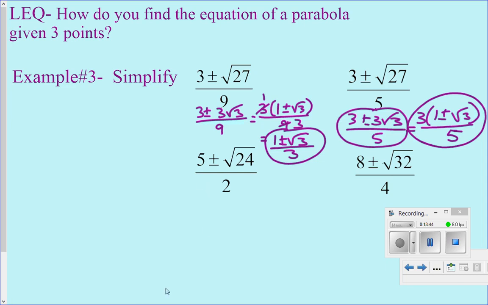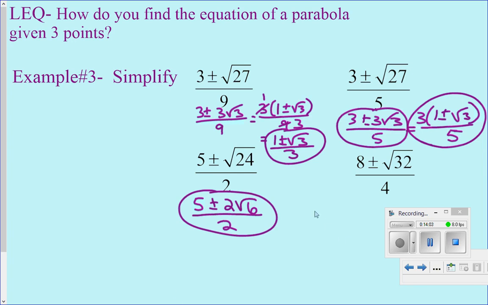Next one. So 5 plus or minus the square root of 24 is what, 2√6 over 2. 5, 2, 2, there's no GCF there, and therefore that one's done.